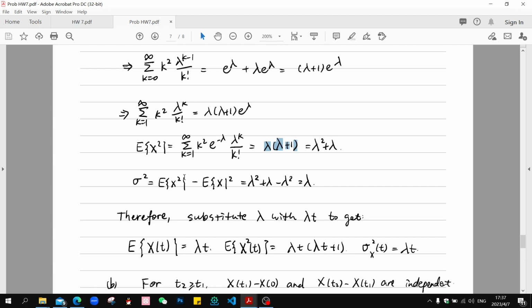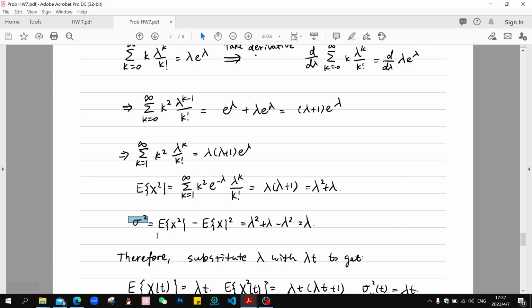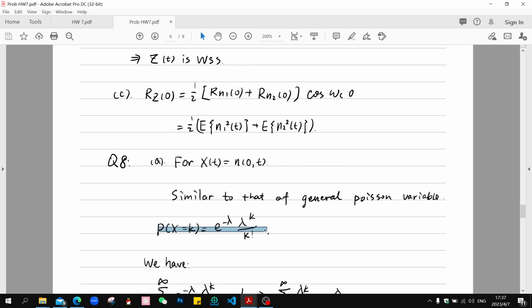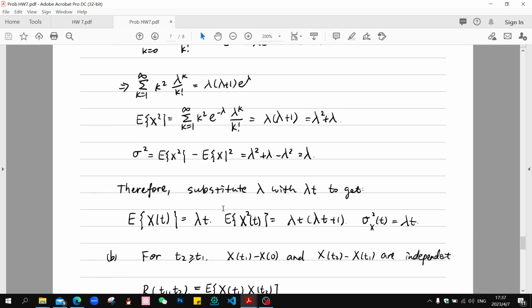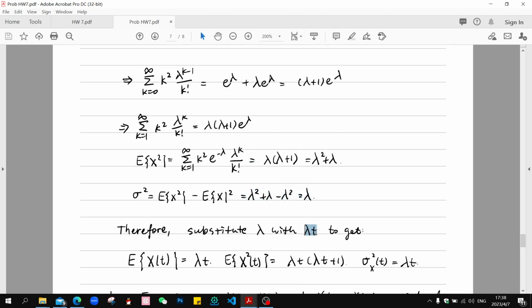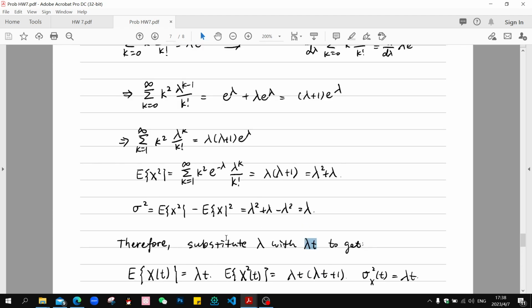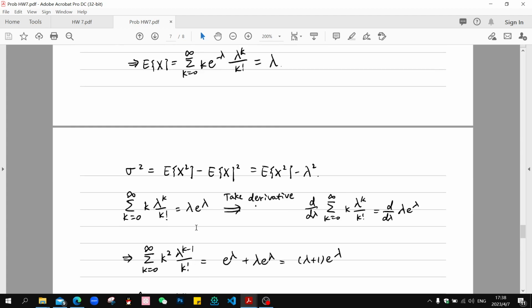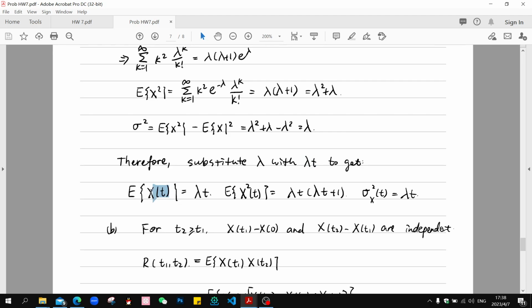We can also find the sigma squared to be lambda. This sigma squared is the variance of this variable. And therefore, we can substitute lambda in this expression with lambda t to get the expectation and the sigma squared for x(t).